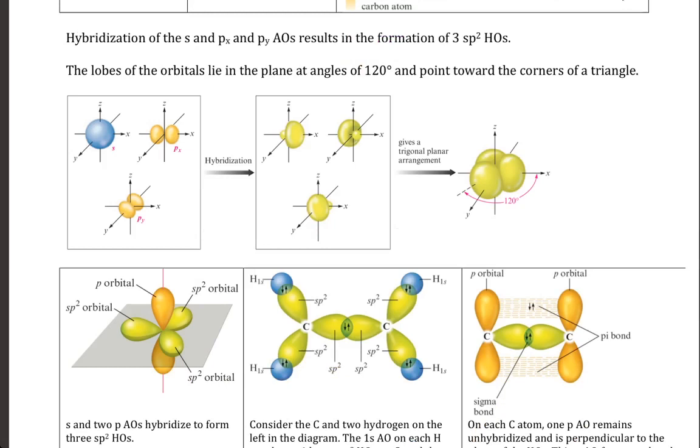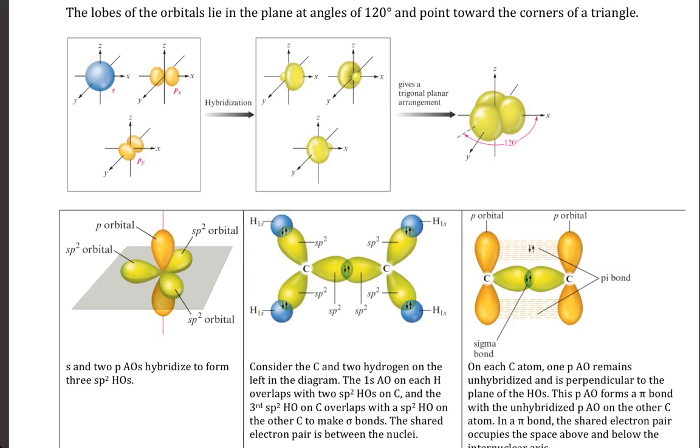Alrighty, so hybridization of the s and px and py atomic orbitals results in the formation of 3 sp2 hybrid orbitals. So here we have the p atomic orbitals and the s atomic orbitals that undergo hybridization to give us those 3 hybrid orbitals with the right angle, 120 degrees.